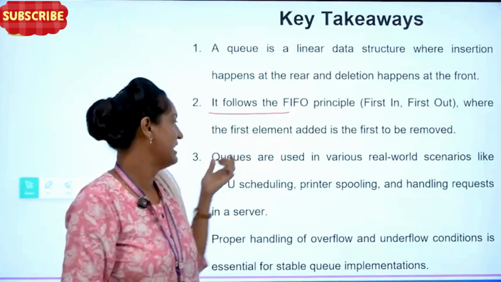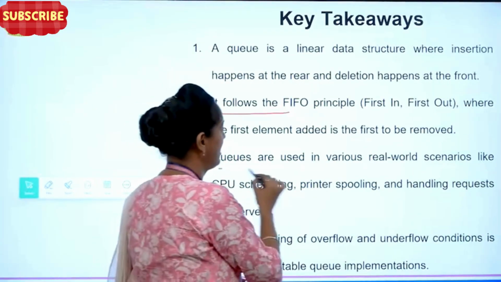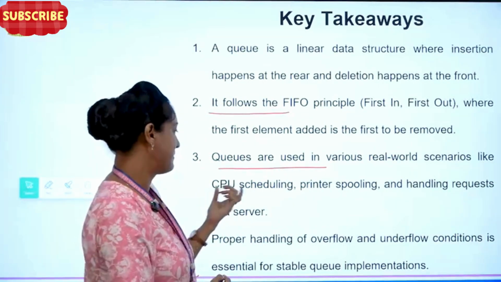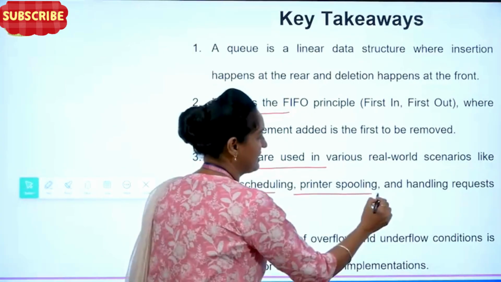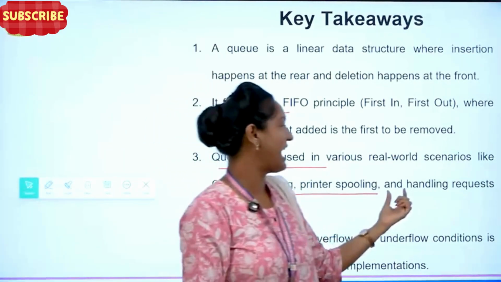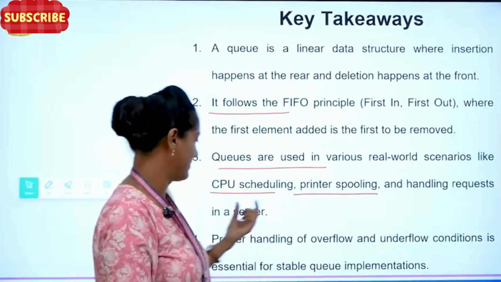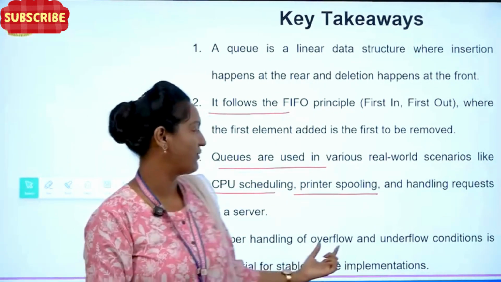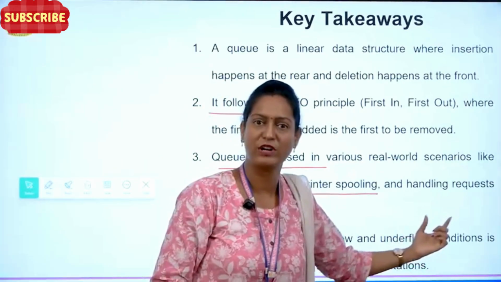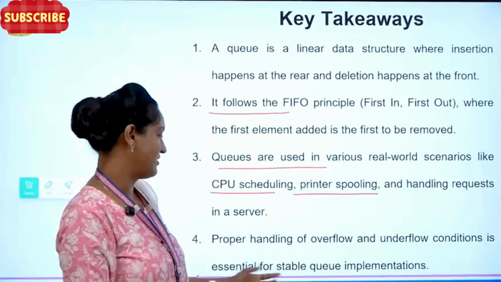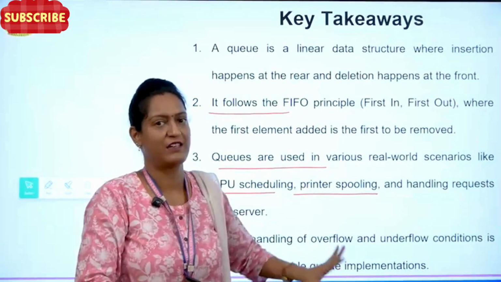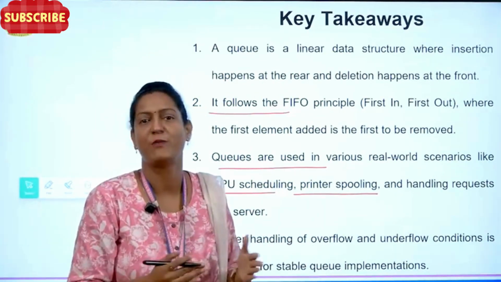The next one is that queues are used in various real-time scenarios like CPU scheduling, printer spooling, and handling requests in a server. And the last one is that proper handling of overflow and underflow conditions is essential for a stable queue implementation. So these are the basic key takeaways of my session.